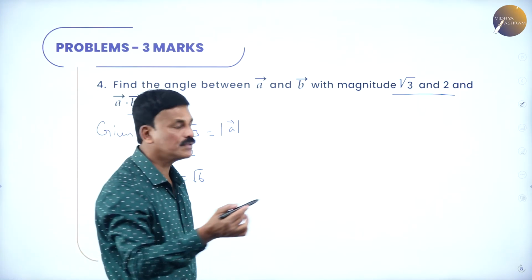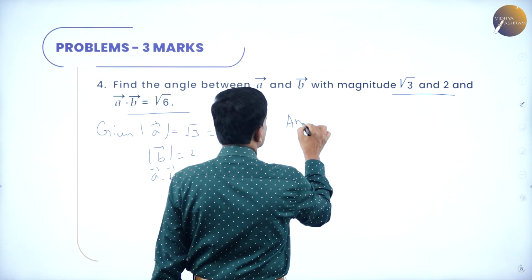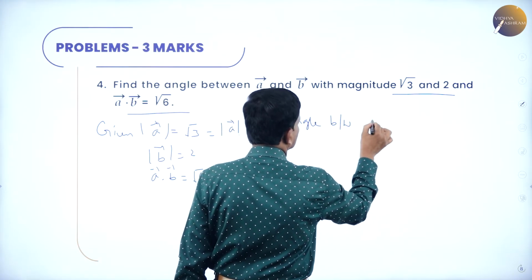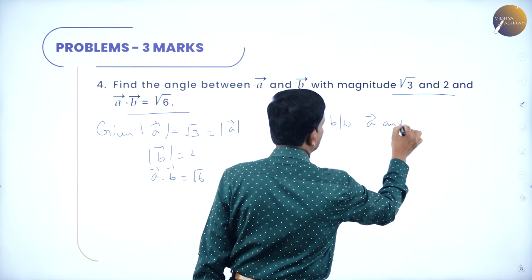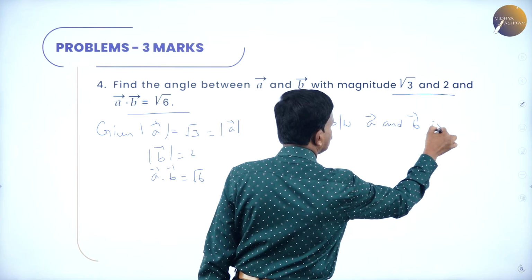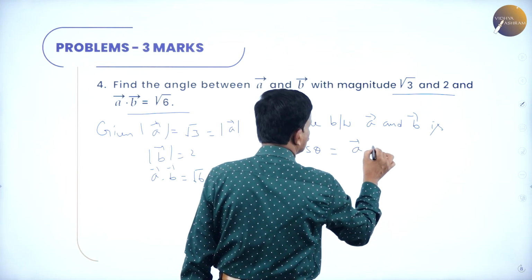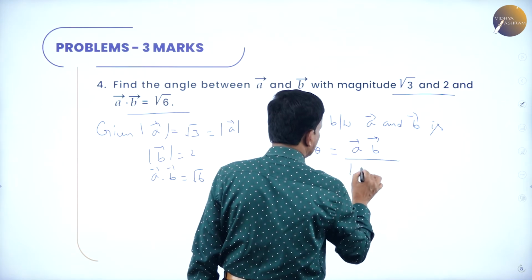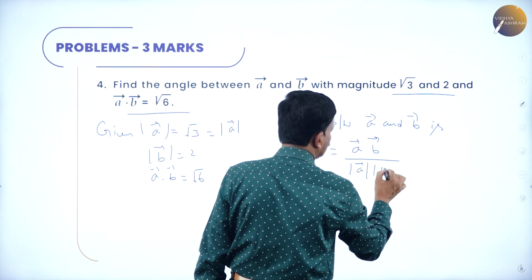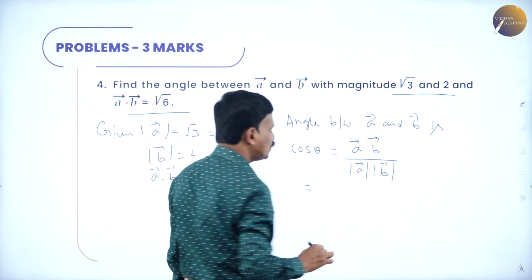The angle between vector A and vector B: cos theta is equal to A dot B divided by length of A into length of B. What is A dot B?